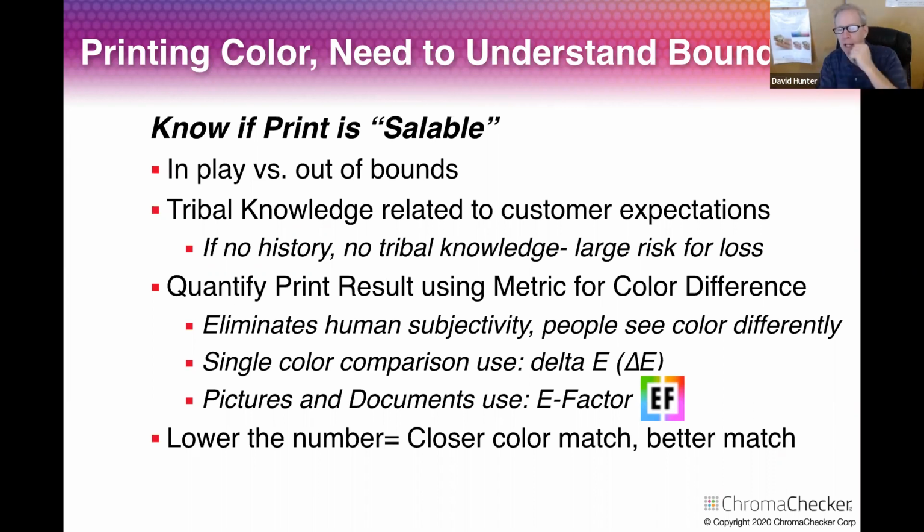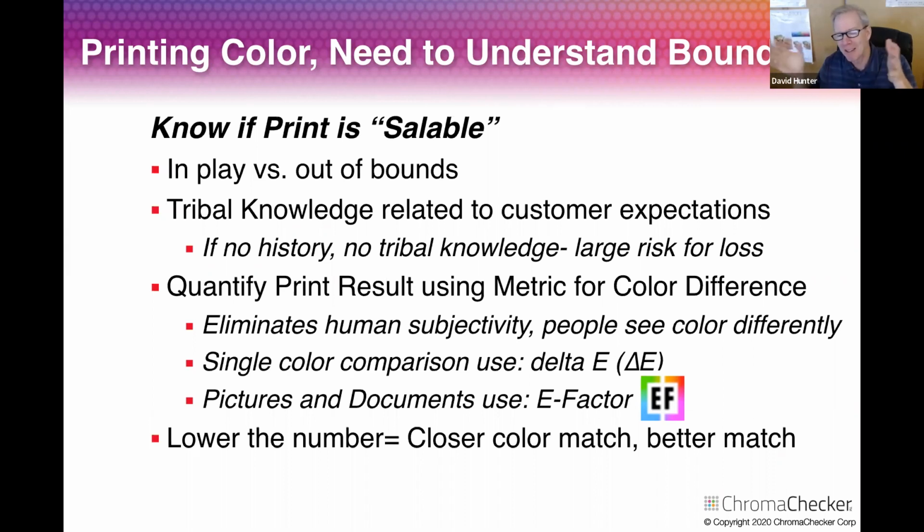And what we found in our scientific research, which we've published over the last 6 years, is that with an E-factor of 3 or less, you're almost always safe. An E-factor of 5 is kind of a 50-50 chance, depending upon the print buyer, how picky or non-picky they are. When you start getting to an E-factor of 8, pretty much no one's going to accept that if they're paying attention. They're not going to like it.